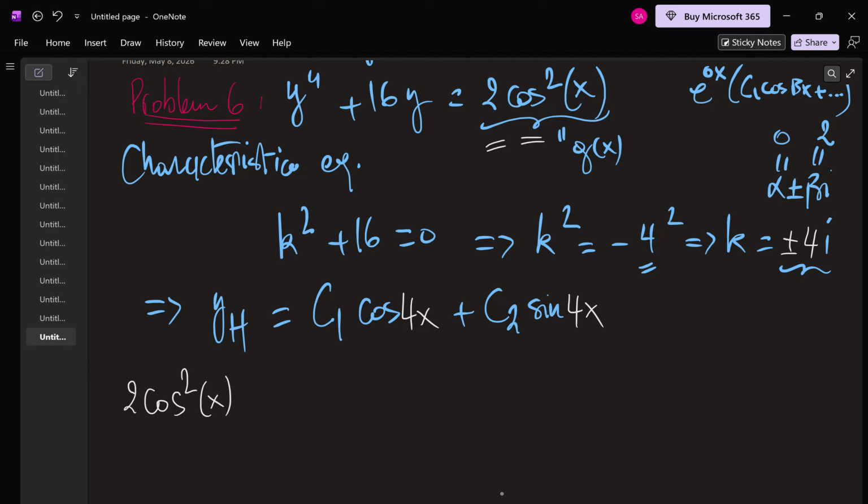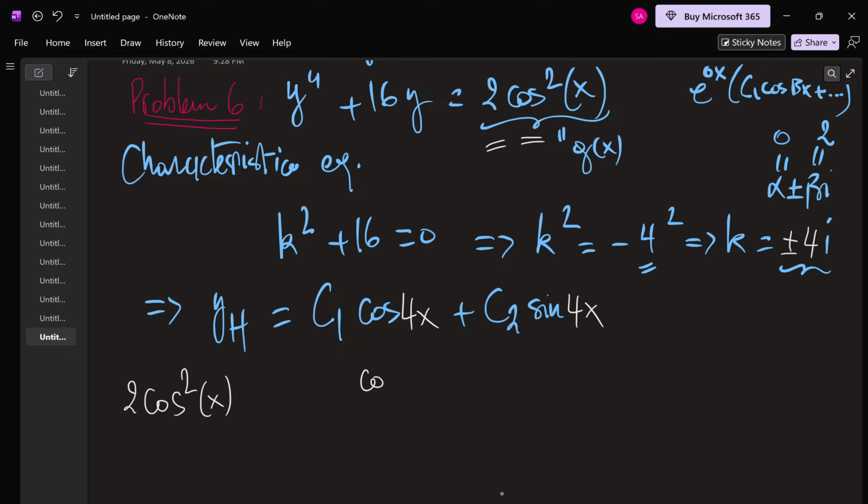So how to rewrite this? This is actually equal to, remember, how to write this.